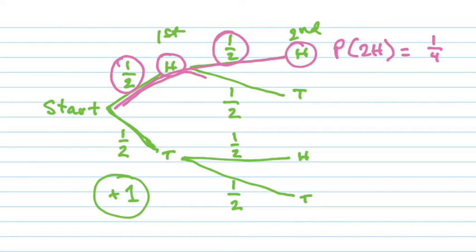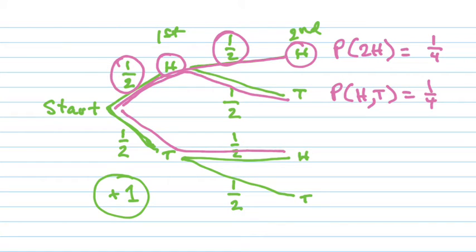So here we're going to go heads and then down to tails. So this is a probability of heads, then a tails. And because the probabilities are all 1/2, it's always going to be 1/4 all the way across, right? Here we're going tails, then heads. So that's the probability of tails, then heads. Again, 1/4. And the probability of tails, then tails.